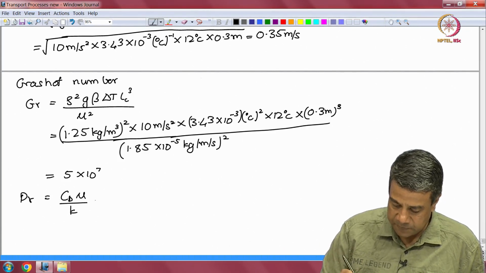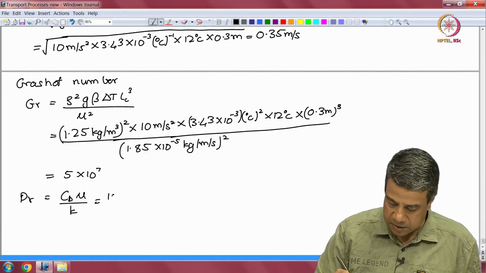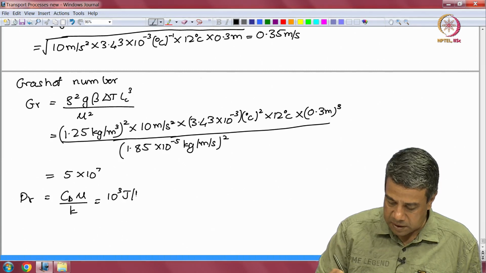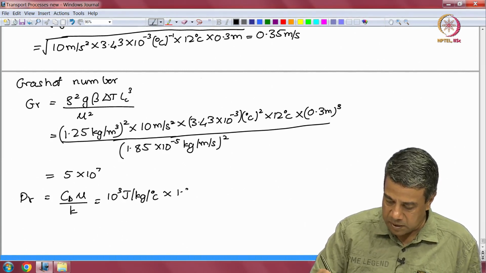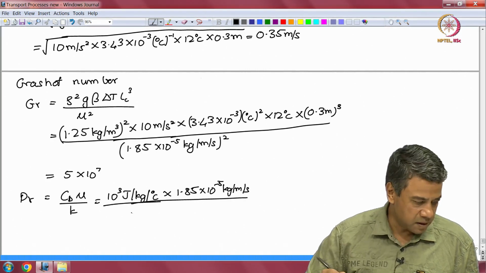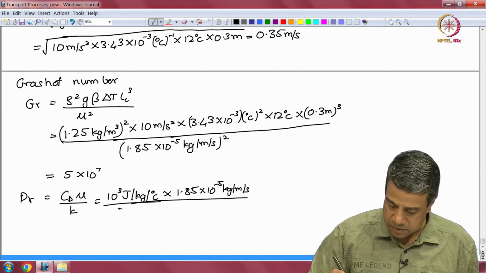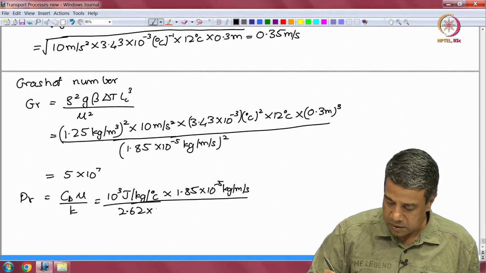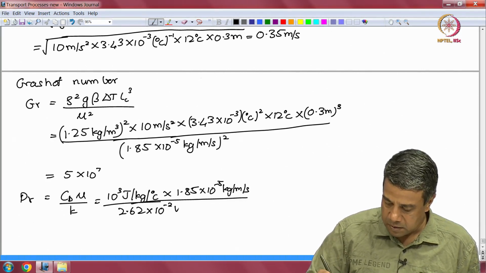Cp is 10 power 3 joules per kg per degree centigrade, into 1.85 into 10 power minus 5 kg per meter per second, divided by the thermal conductivity, which is 2.62 into 10 power minus 2 watts per meter per degree centigrade.